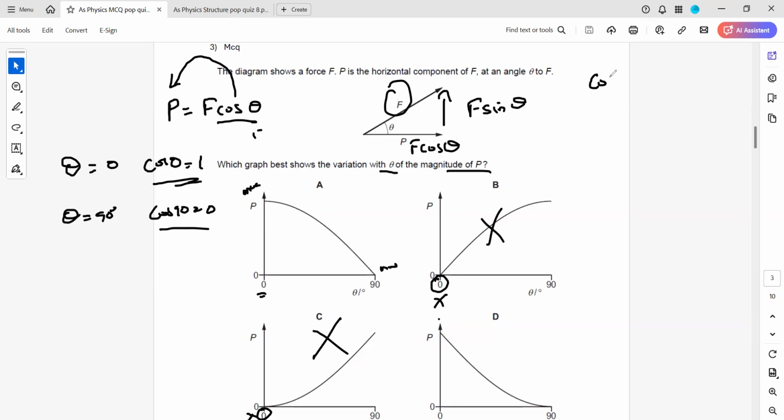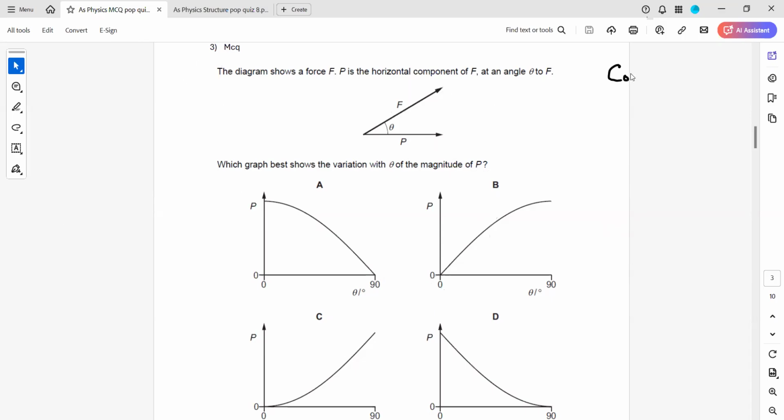For example, cosine 0, cosine 10, cosine 20, 30, 40, 50, or instead of taking so many intervals, we can take cosine 0, cosine 15, cosine 30, cosine 45, cosine 60, cosine 75, and cosine 90.